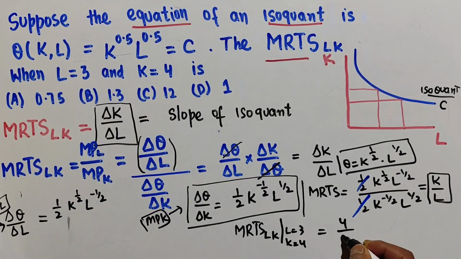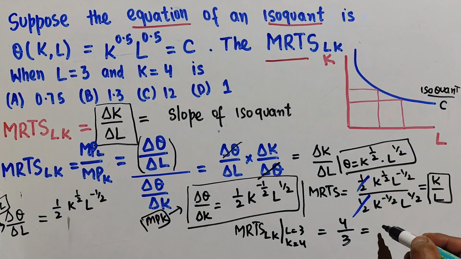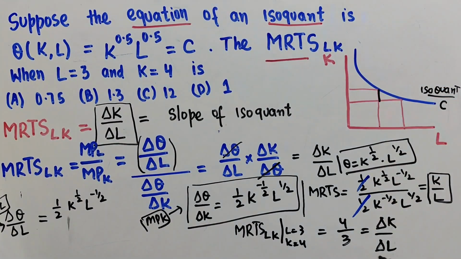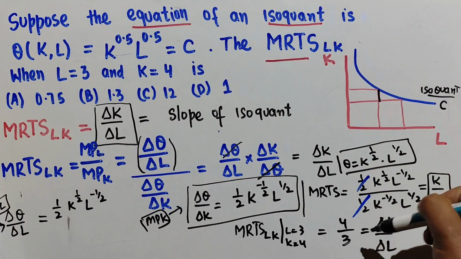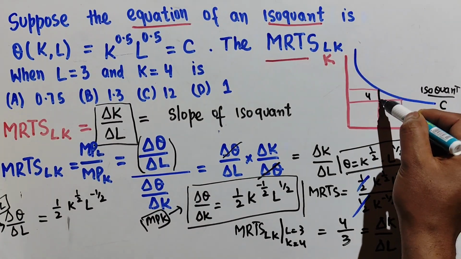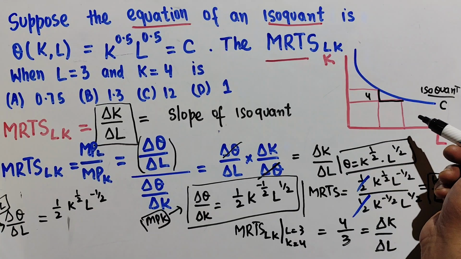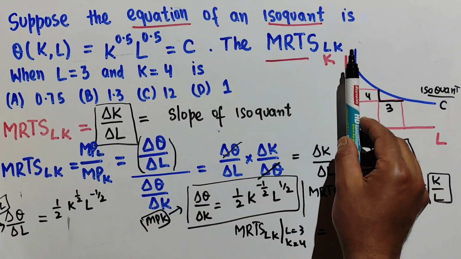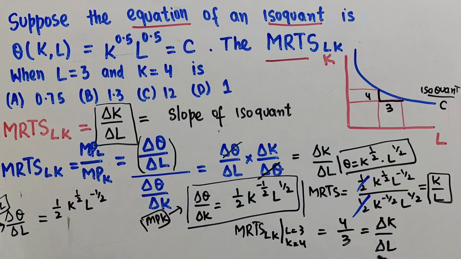So K is 4, L is 3, which means, here, if I draw it, that is equal to del K upon del L. So it shows us the change in capital is 4 units and the change in labor is 3 units. Okay, so what is the slope? The change in capital upon the change in labor, which comes out to be 4 upon 3, which will be equal to 1.3.